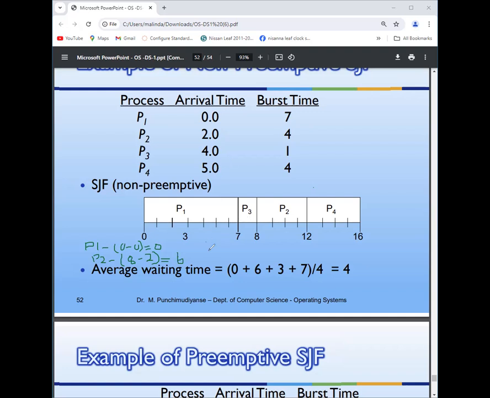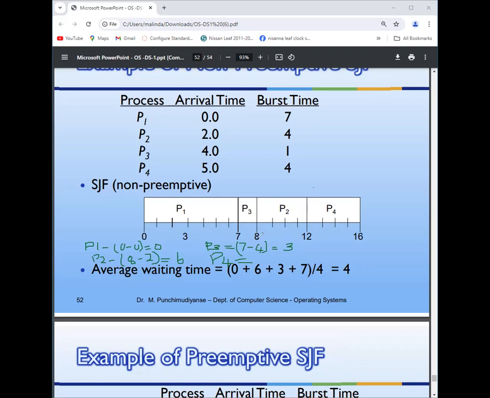Then for P3, the arrival time is 4 and it got the CPU time at 7. So 7 minus 4, P3's waiting time is 3. Then P4, the arrival time is 5 and it got the CPU time at 12.